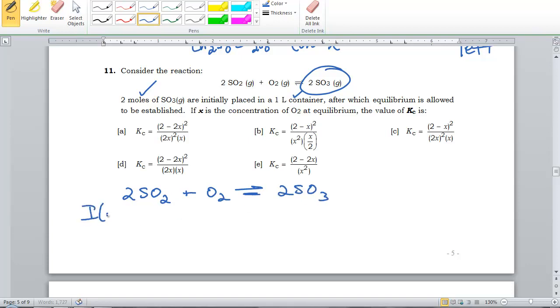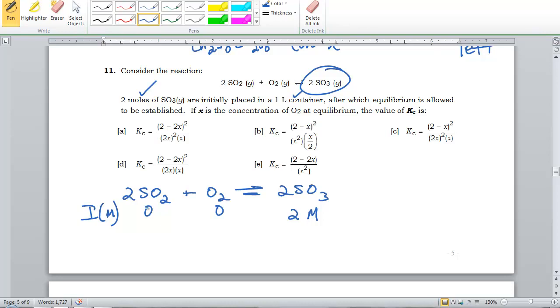So initial in terms of molarity: 2 moles, 1 liter, 2 molar. No reactant to start. All right. This one, it's clear cut which way it has to go. At equilibrium, we're going to have both reactant and product. Now again, remember, some equilibria will lie far to the left and we'll end up with mostly reactant.